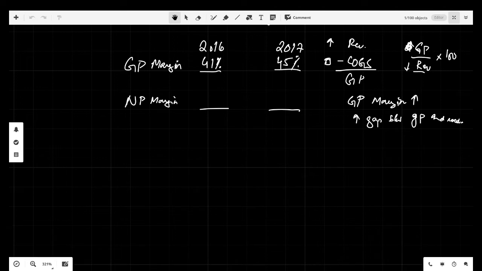Holding the costs of the business right where they are, if I increase the revenue, gross profit would increase. And if I push the costs down and pull the revenue up, so costs are going down and revenue is increasing, then GP margin will increase.